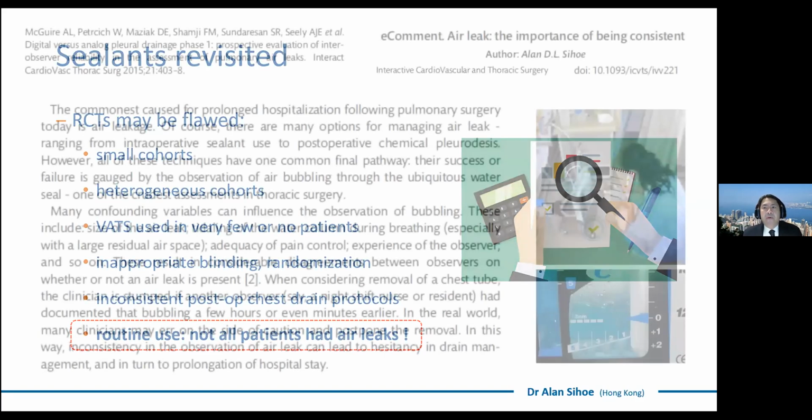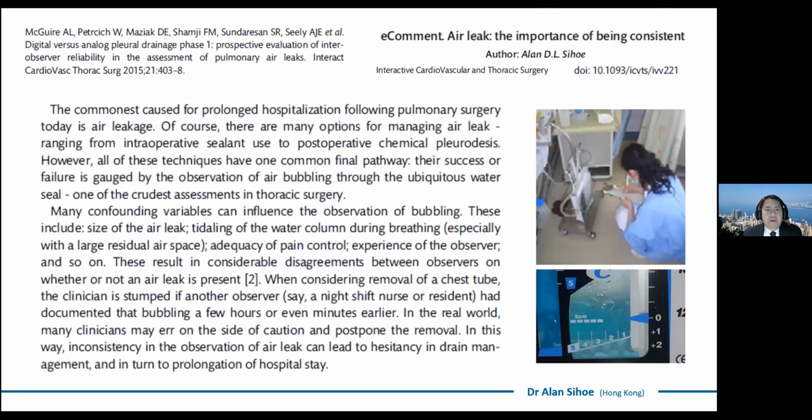Another problem, which I pointed out in a commentary on another paper a short while ago, was that almost all of these early studies, as their final outcome measure for chest drain durations, only looked for bubbling through the water seal. They don't even use some of the scoring systems that we heard about earlier. And you all know that observation of bubbling through a water seal chamber is extremely unreliable.